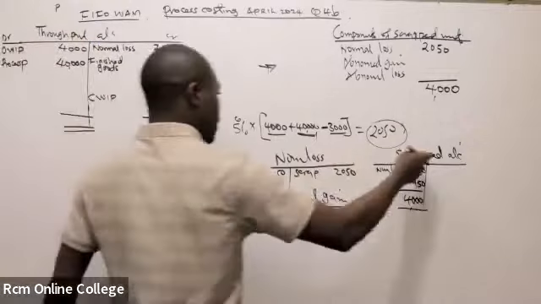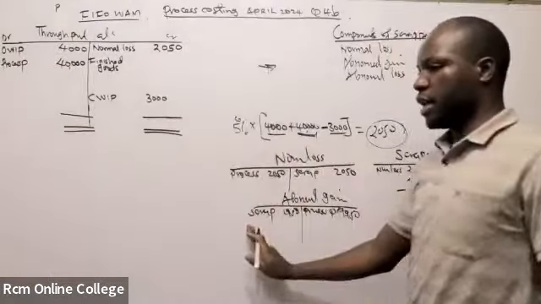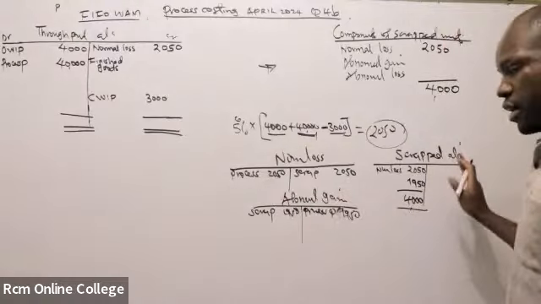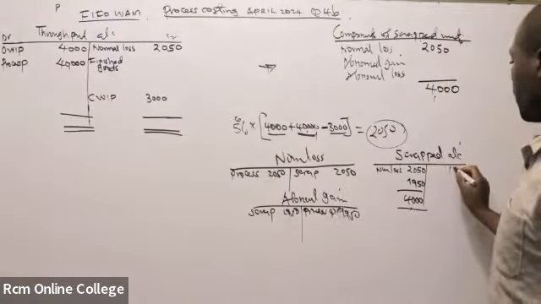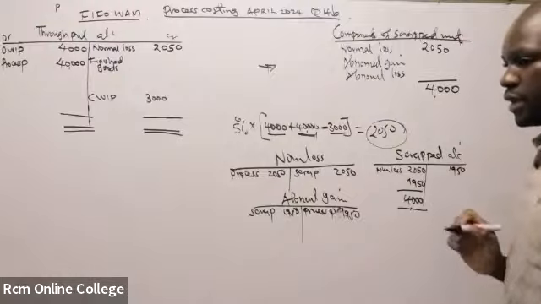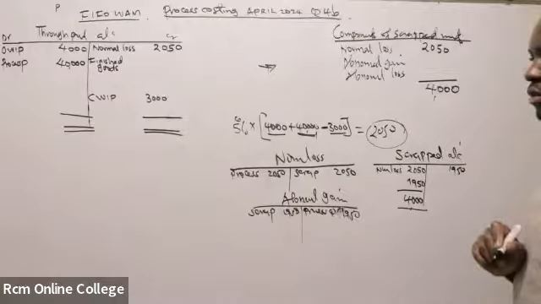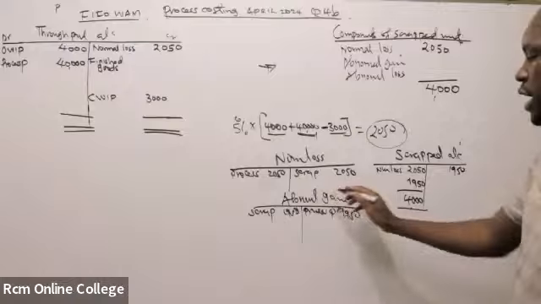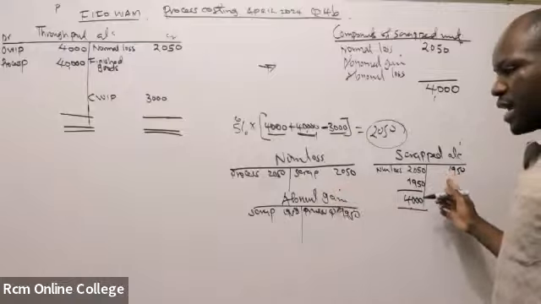So when I now come to the scrap account, I'm debiting it here, and this side it will be credited. That is 1950. Is that the case for us? No, because abnormal gain will actually be on this other side.